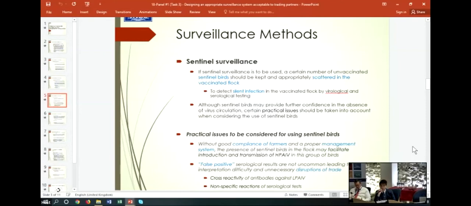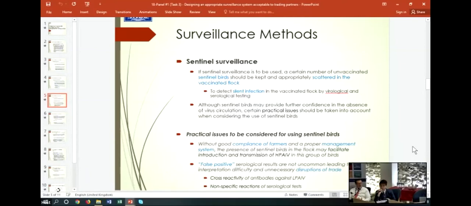That possibly facilitated transmission of HPAI virus in the farm and eventually caused the outbreak. As sentinel birds are ultimately managed by the farmers, and management practice may differ from farm to farm, sentinel birds might, on the contrary, facilitate introduction and transmission of HPAI without good compliance of farmers and a proper management system in place.